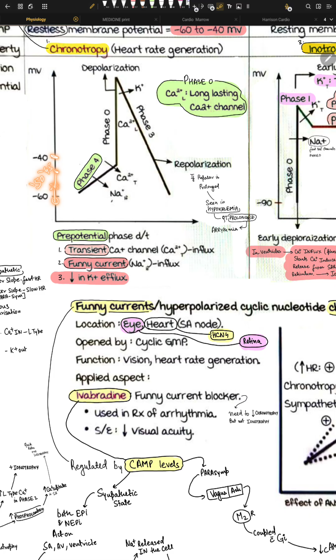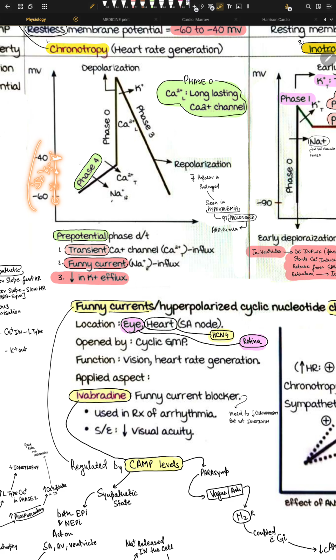And now the third step is potassium efflux. Efflux means exit. The positively charged potassium exits the cell, so the cell loses positive charge and moves from minus 45 to minus 40. So now the cell has reached minus 40.